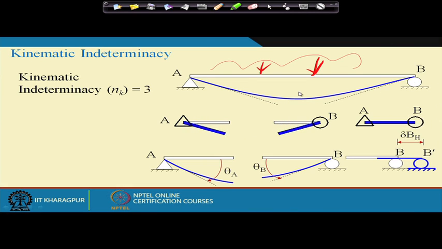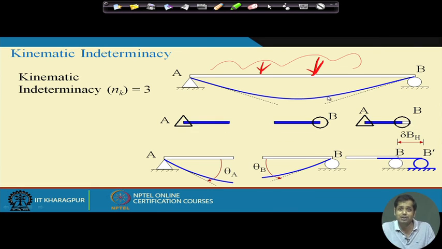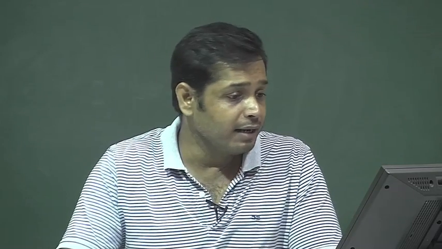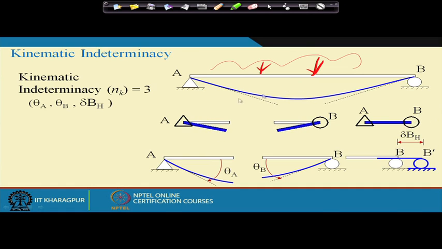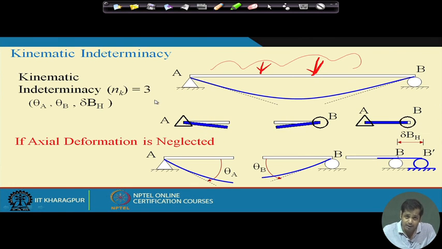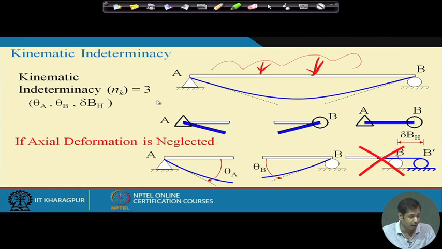Okay. Now, if we neglect the axial deformation, if we assume that the axial rigidity of the member is very high, then if we allow axial deformation, the degrees of freedom are the rotation at A, rotation at B and delta H at B. But if we do not allow axial deformation, meaning we assume that it is axially rigid, then this mode of deformation will not be there.